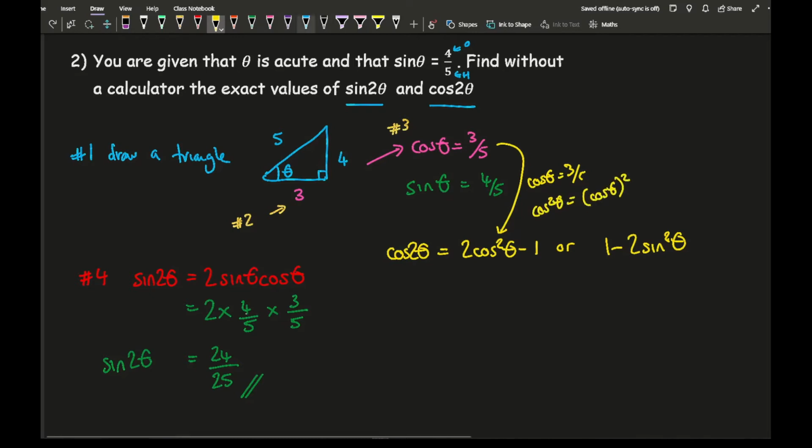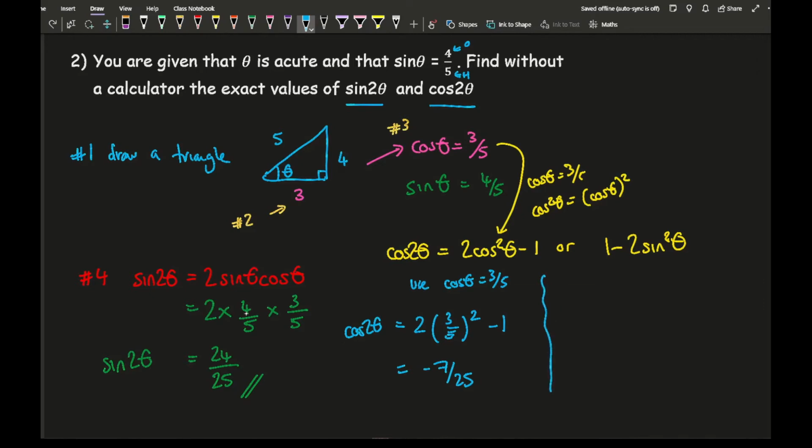So if I use that cos theta equals 3/5, what I get is that cos 2 theta is going to equal 2 lots of 3/5 squared minus 1. I can then work that out using my calculator, and it gives me minus 7/25.